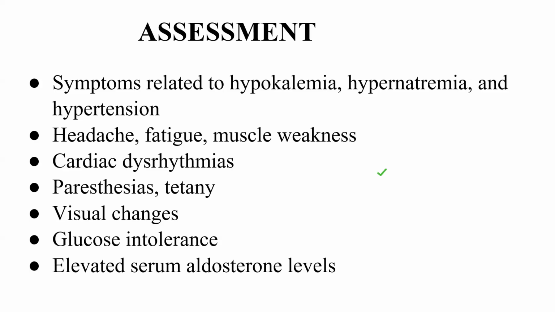Anyway, you find hypokalemia, most likely that patient is going to have hypernatremia. And if a patient has hyponatremia, most likely he or she is going to have hyperkalemia. There's an opposite relationship between potassium and sodium.